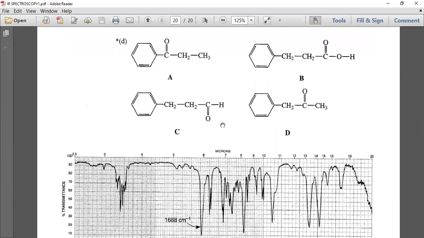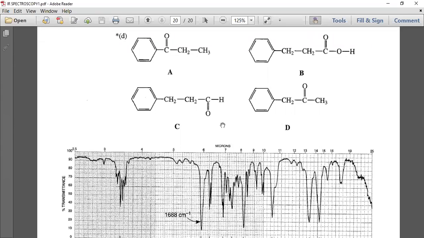Here also, you just look at the spectrum and identify the correct compound. It is 1688. That means it is a conjugated carbonyl. In this case, it is not conjugated, and it is not even a carboxylic acid. In this case, it is not conjugated.